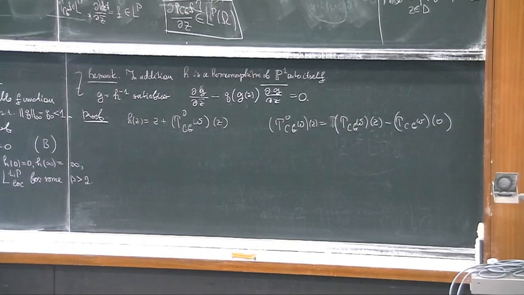So we just subtract its value at 0 to have that this function at 0 is equal to 0.